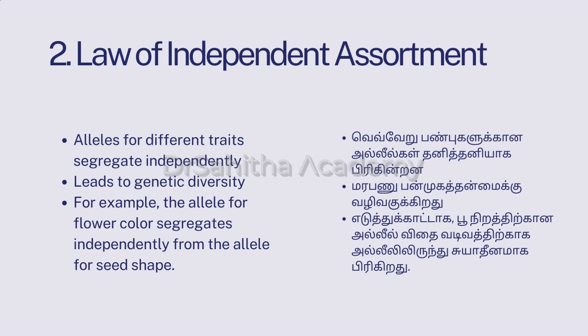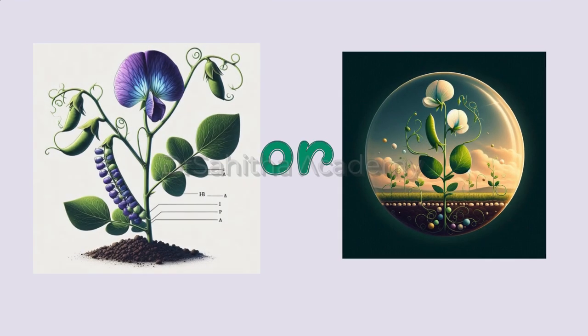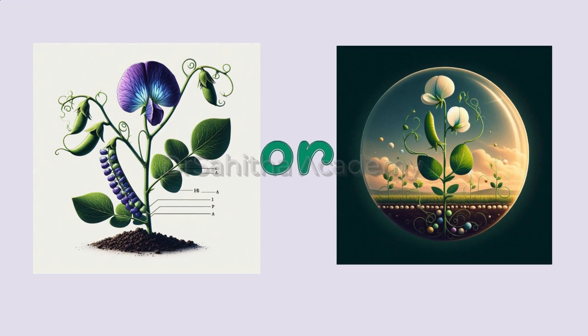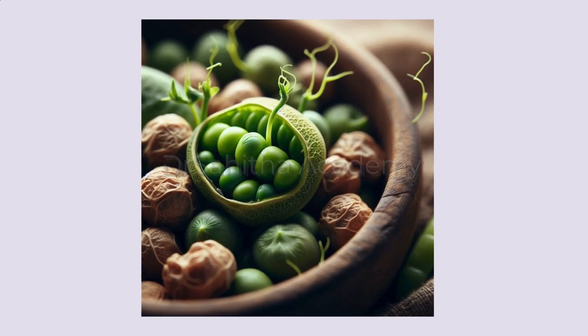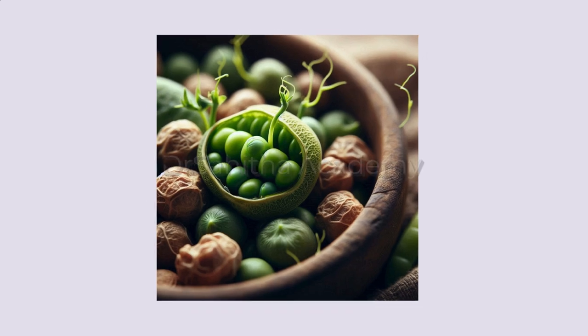This means the inheritance of one trait generally does not affect the inheritance of another. Means flower color does not affect seed shape. For example, the allele for flower color, purple or white, segregates independently from the allele for seed shape, round shape or wrinkled shape, leading to genetic diversity.